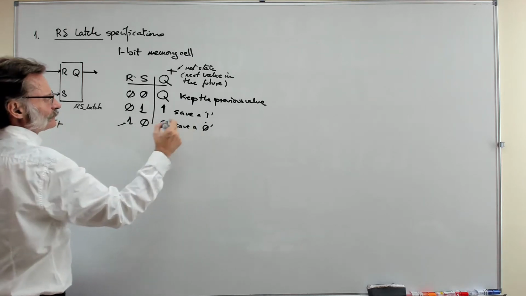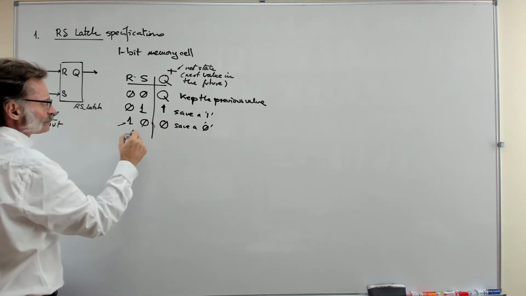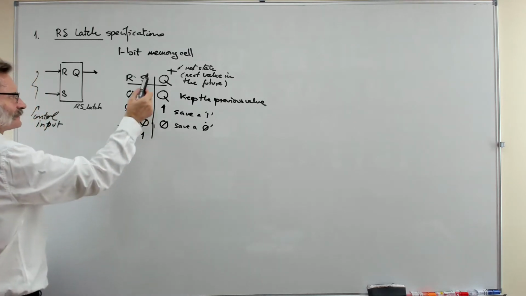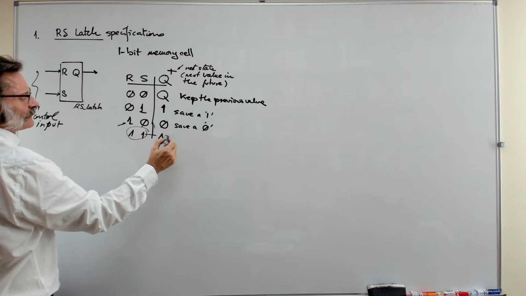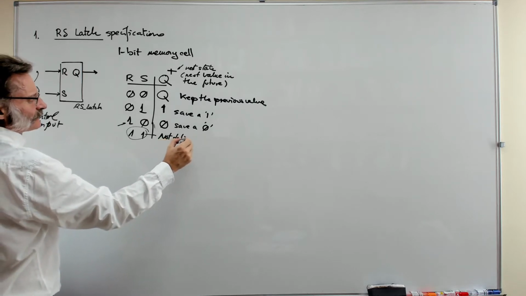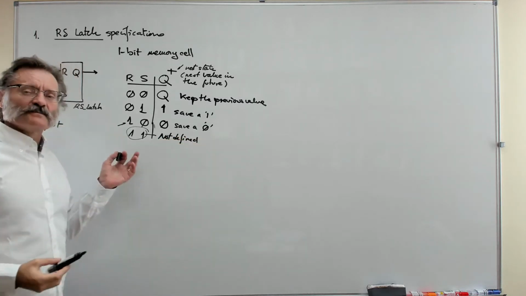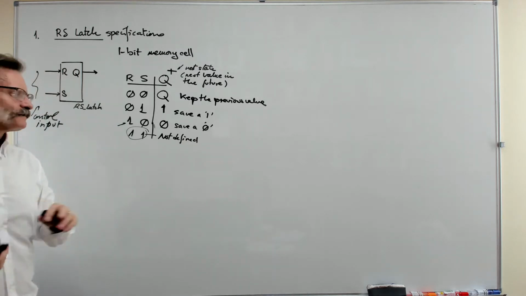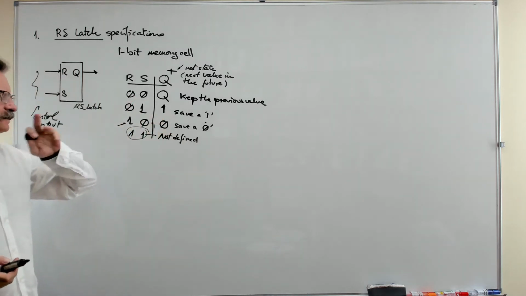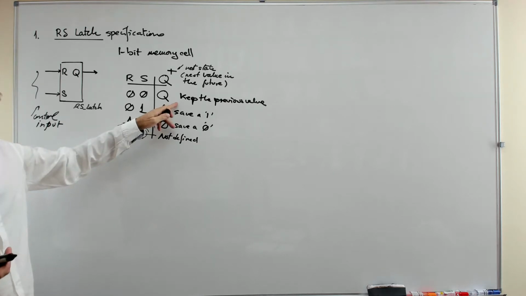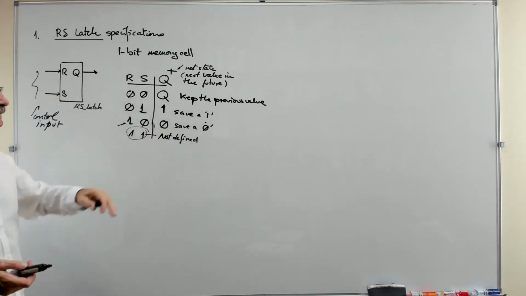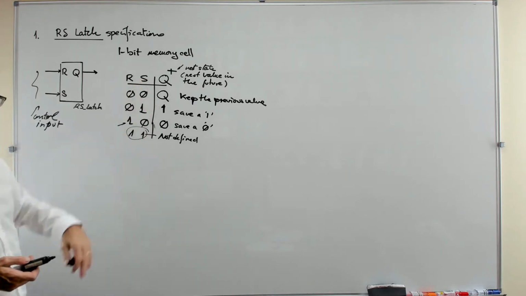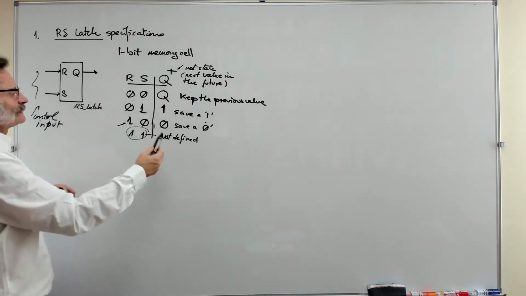And the situation where you like to drive the set and reset at the same time is not defined, because in this simple device it has no meaning. You like to write a 1, write a 0, or keep memorizing what is already stored in the Q. It is that simple. Okay, so this is the symbol and this is the function table.